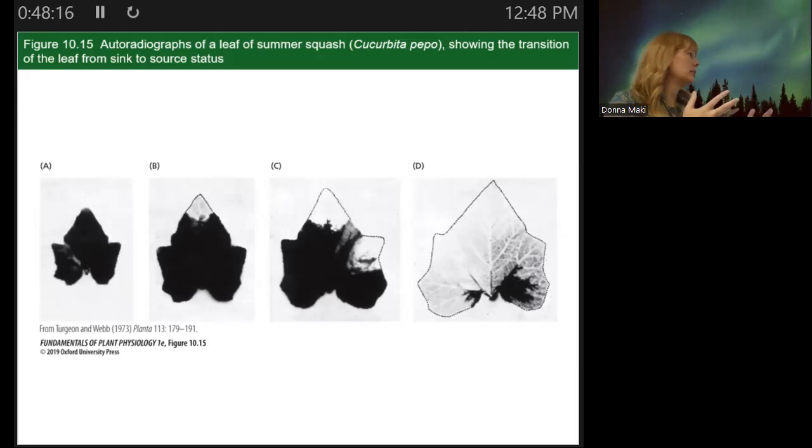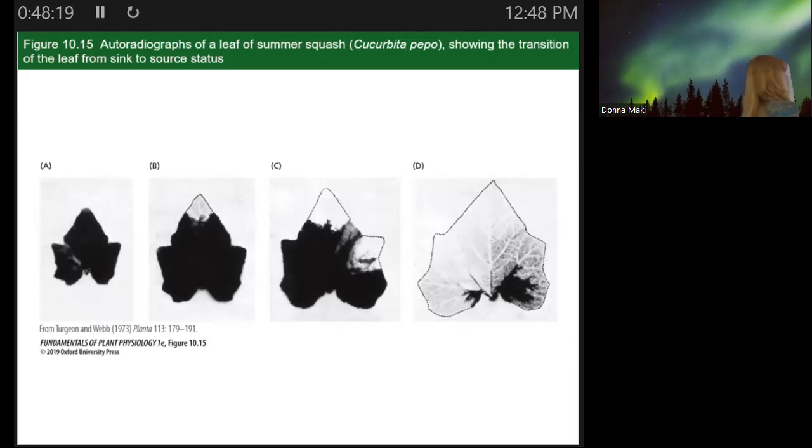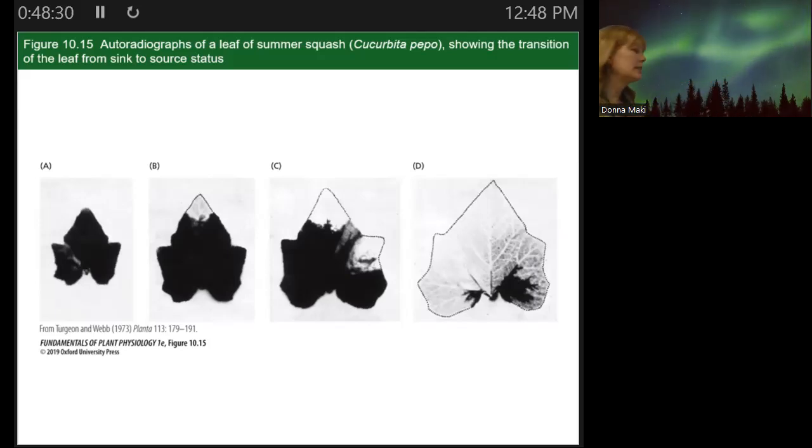I can start to shift now and become more of a source tissue because I'm growing up. I have all my photosynthetic machinery optimized. Everything's good to go. So this is showing you a visual of a leaf that initially was a sink. It was getting a lot of photosynthate from mature leaves probably. And then over time, it started to give back and give sugars off.